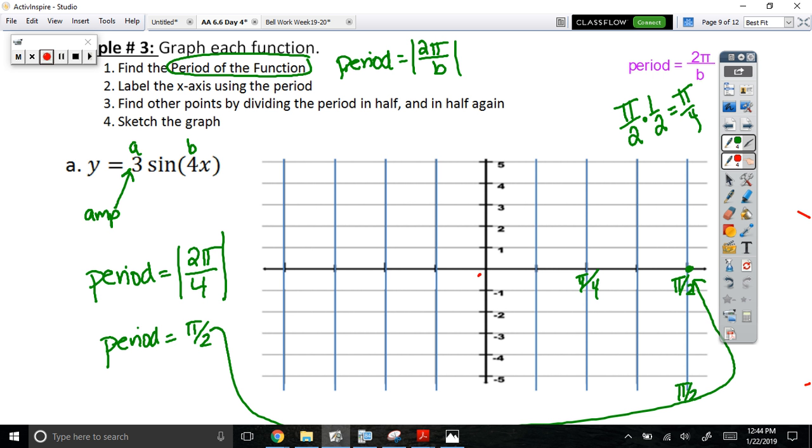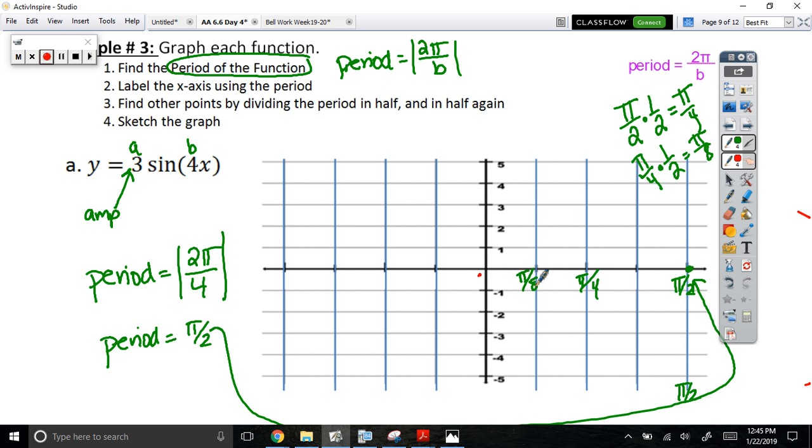Now we're going to take this and cut it in half again to find out what the single marking will be. So take pi fourths and find half of that, which will be this, which is pi eighths. Which means each marking is counting as pi eighths.